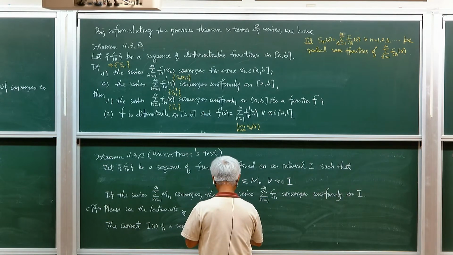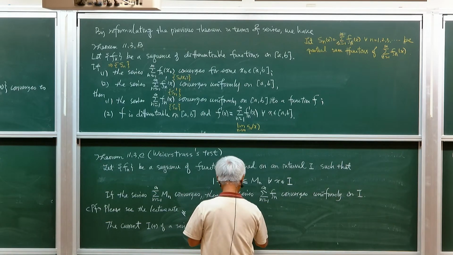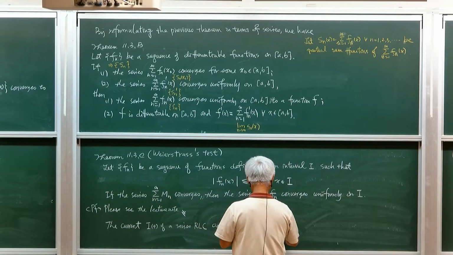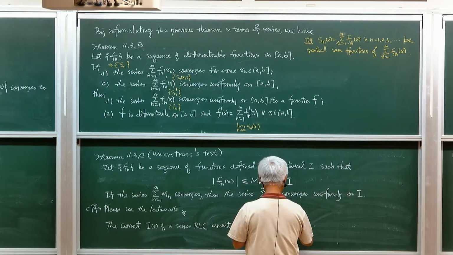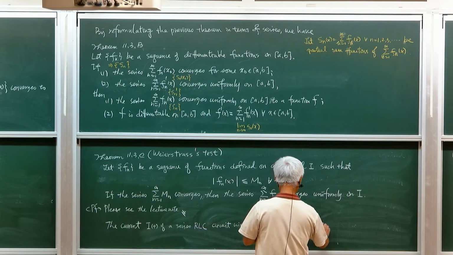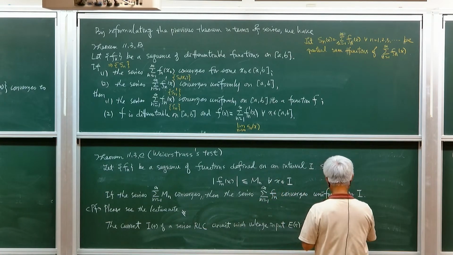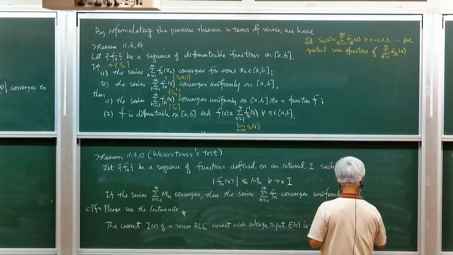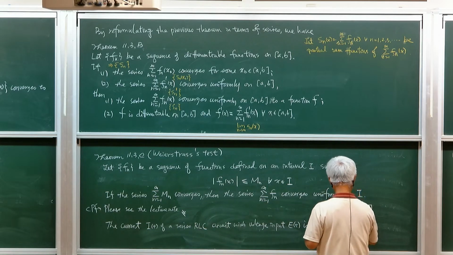with a voltage input U of t is governed by... So you can see R, L, and the capacitor C circuit.